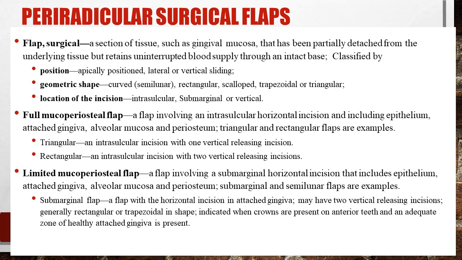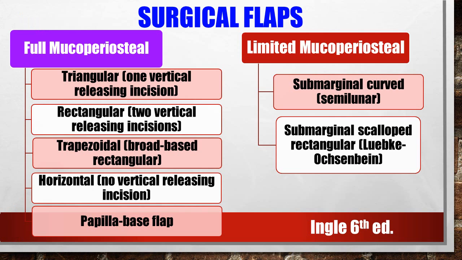So it is a submarginal incision. You are not involving the sulcus area. But it includes the epithelium, attached gingiva, alveolar mucosa, and periosteum. The examples are your submarginal and your semilunar flap. For your full mucoperiosteal flaps, the examples are your triangular flap, your rectangular flap, the trapezoidal flap, the horizontal flap, and the papilla base flap.